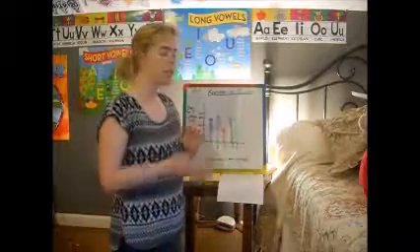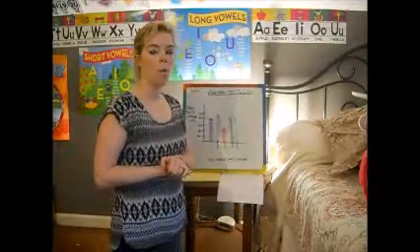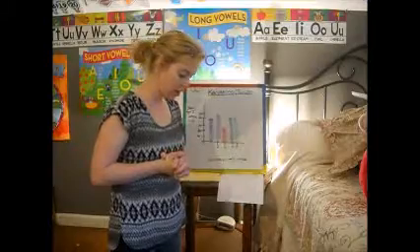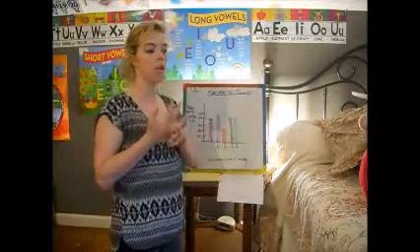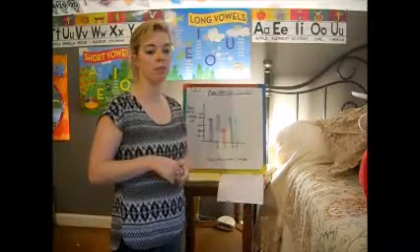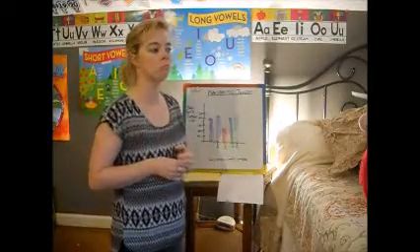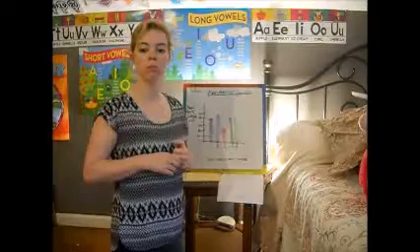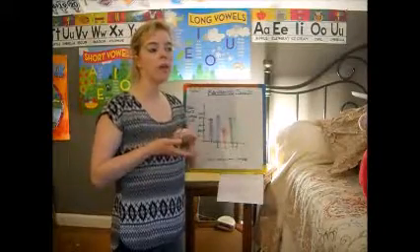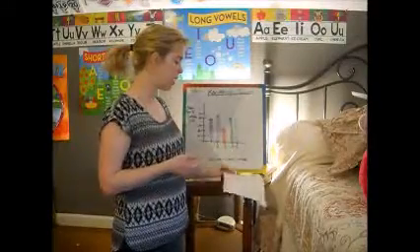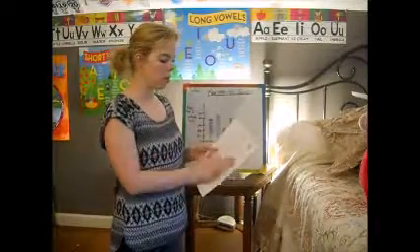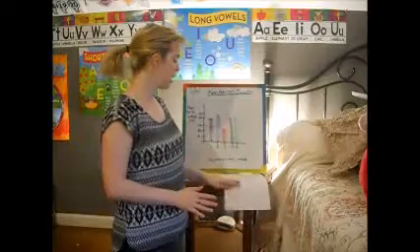Now, who can tell me why it is important to be able to draw a picture graph and a bar graph? Absolutely. So it's important to be able to draw a picture graph and a bar graph from the data that we had in our data table, because then we can see our results.